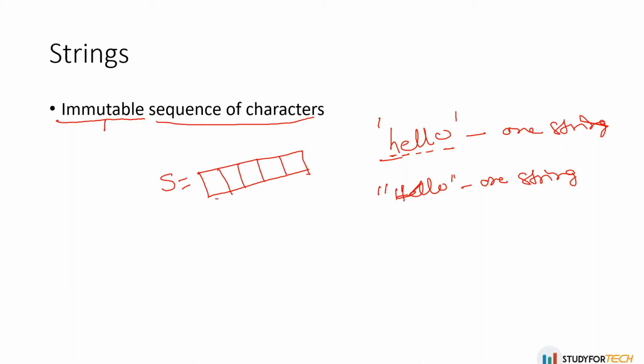The index starts from 0, 1, 2, 3, 4, 5 up to n minus 1. N minus 1 here is because we are starting from 0. So if the length of the string is 9, it will go till 8, because this is 0, so it will be 9 minus 1, 8. So it will come till 8.